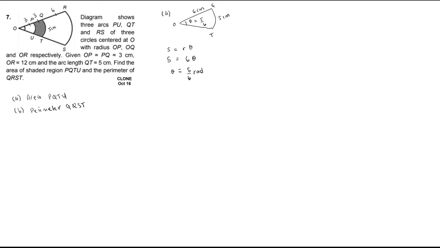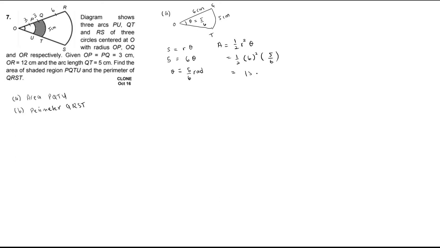And then we can find the area. Okay, area of OQT. Area equals 1 over 2 r square theta. 1 over 2, the radius is 6 cm, and the theta is 5 over 6. Okay, in radian, make sure your calculator is in mode radian.